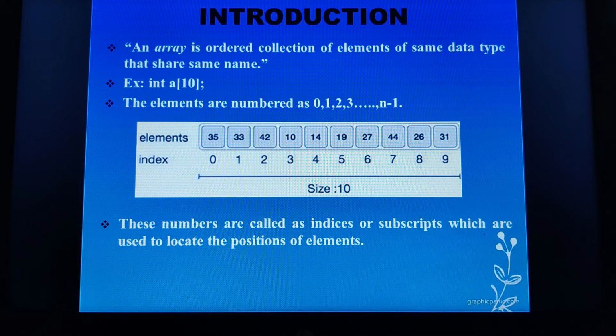I want to group floating point numbers as one group, integers as one group, characters as one group. For that grouping, arrays help. How do they help? Under the same array name, you can store all those elements, by specifying the size of that particular group.